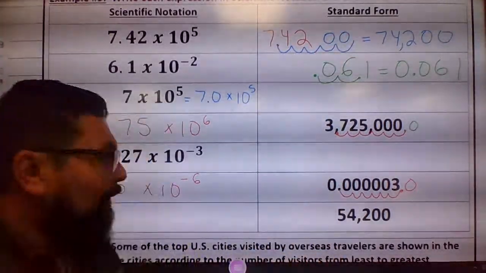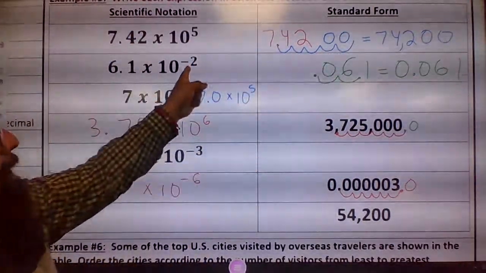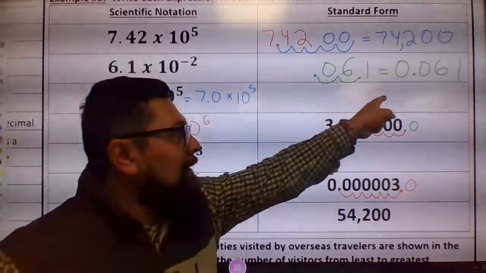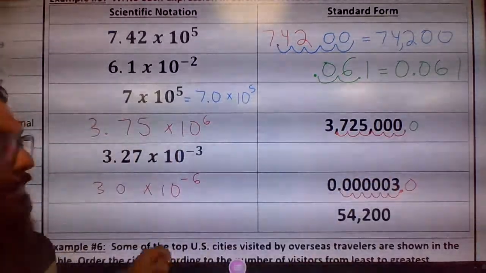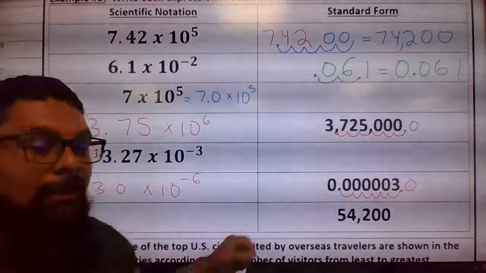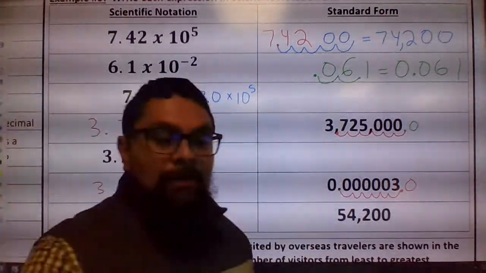So if this is positive, it's a big number. If this is negative, it's a small number. This is positive, so this should be a big number. This is positive, so this should be a big number. This is negative, so I'm just giving you a hint. This is a small number. Negative, small number.